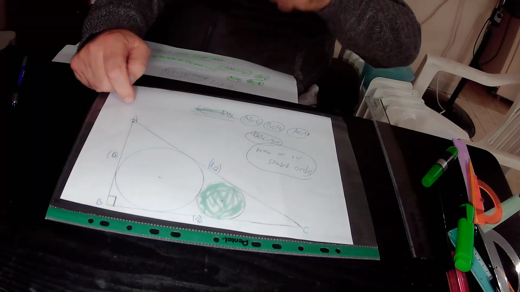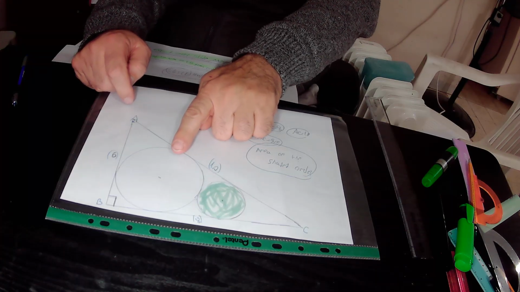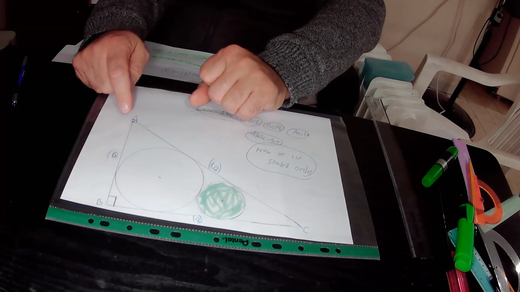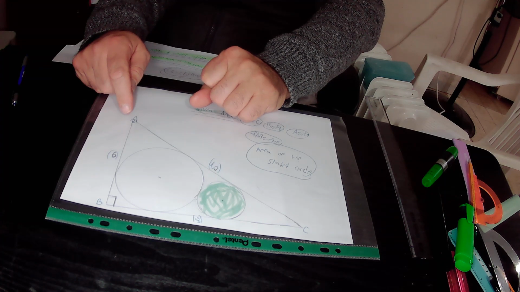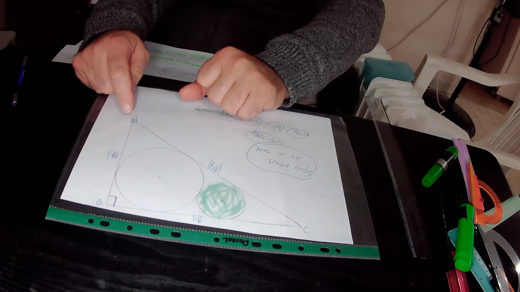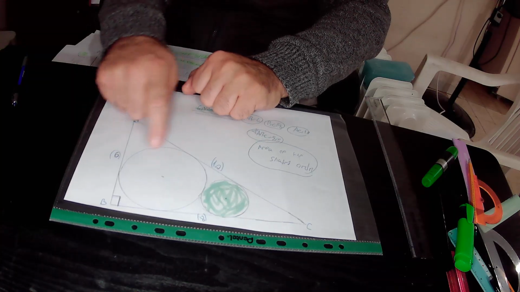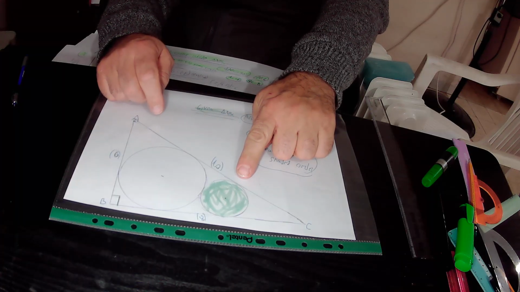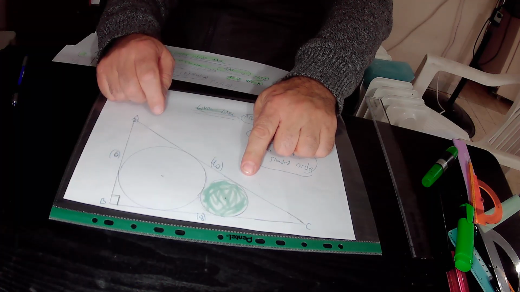Actually, the big circle is inscribed in the right triangle ABC. Why? Because a circle is inscribed in a triangle if and only if it has 3 points of tangency with the triangle. This big circle has 3 points of tangency with the triangle, while the small circle has only 2 points of tangency with the triangle.